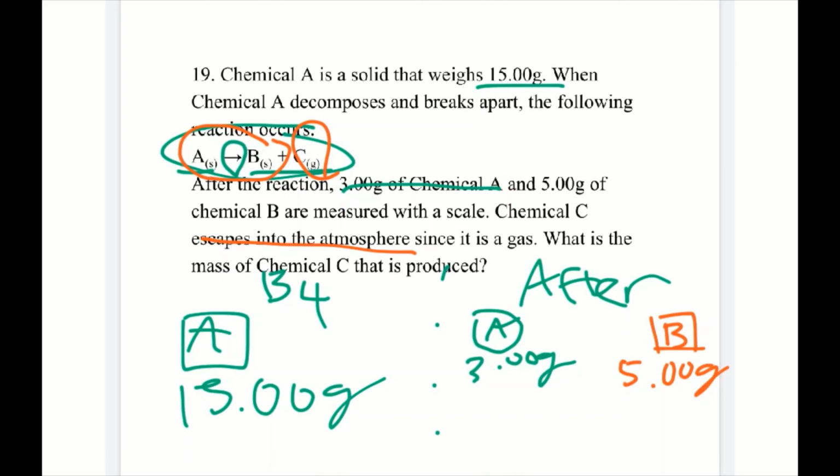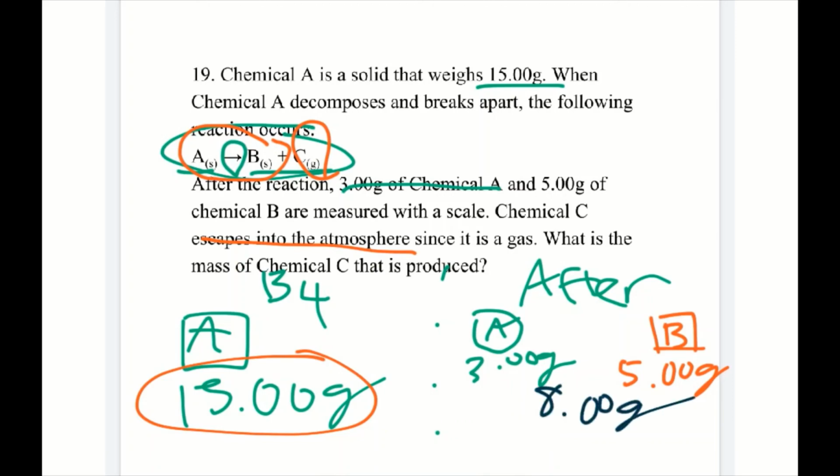Well, there's a law called the law of conservation of mass, which tells us that before and after a reaction or any process, mass is neither destroyed nor gained, meaning that the mass will stay constant. So before we have 15 grams and after we have 3 grams plus 5 grams, which is just 8 grams.